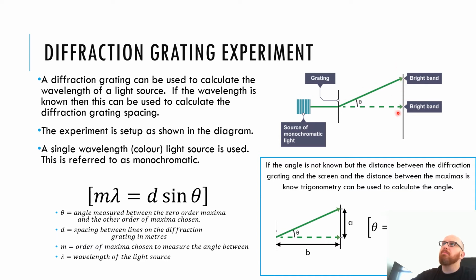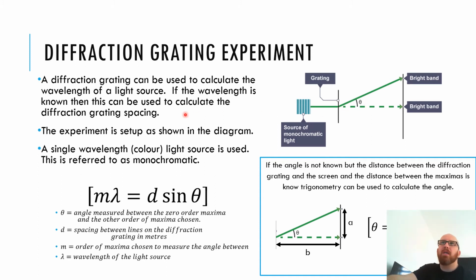Now, there's going to be multiple bright bands of light because there's going to be multiple maxima. And the first thing you probably need to do is choose which two bright bands you are measuring this angle theta between. So say the angle to the first order maxima, or the angle to the third order maxima, and that would be your angle of theta.